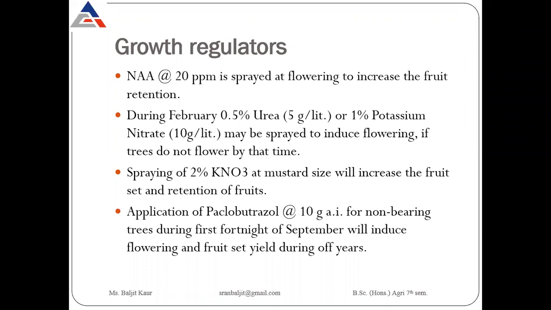So to manage that alternate bearing, we can spray paclobutrazole and naphthalene acetic acid, which will induce flowering and fruit retention, right? So these are the growth regulators which are sprayed so that alternate bearing in mango can be managed.